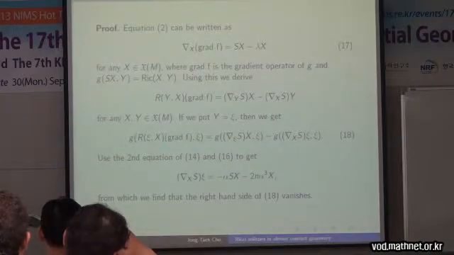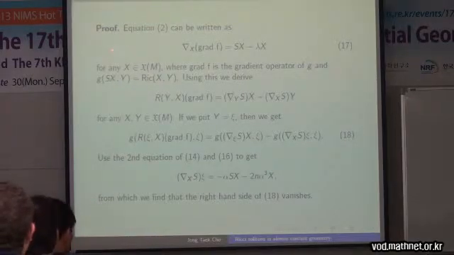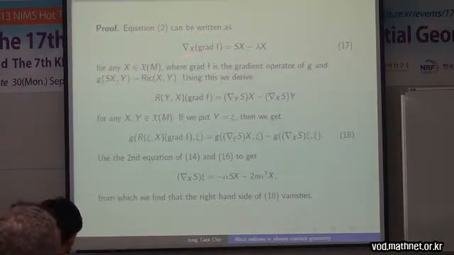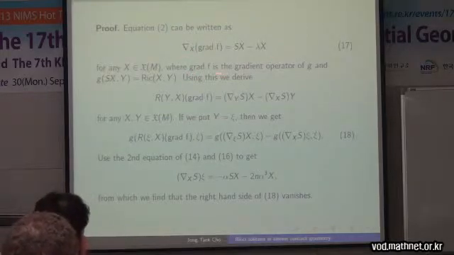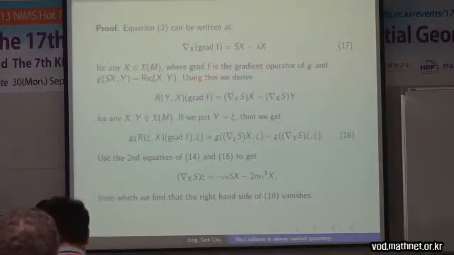Let us look briefly at the proof, because I do not have enough time. The gradient Ricci soliton equation, equation 2, can be written as this. We develop this equation, then we have this.